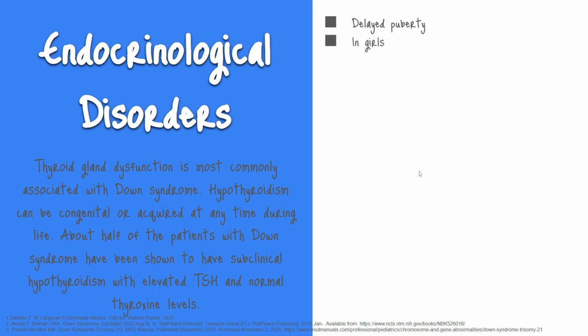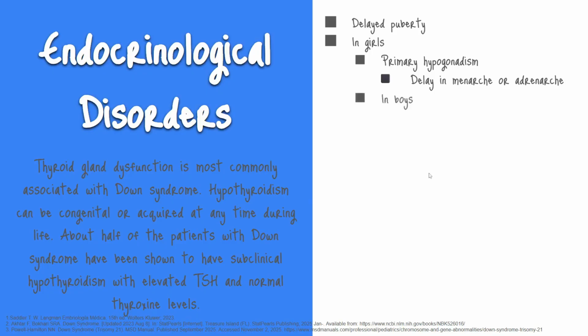This manifests as primary hypogonadism, which is low sex hormones caused by the ovary, and a delay in menarche or adrenarche, which is the first menstruation, and also the appearance of sexual characteristics.